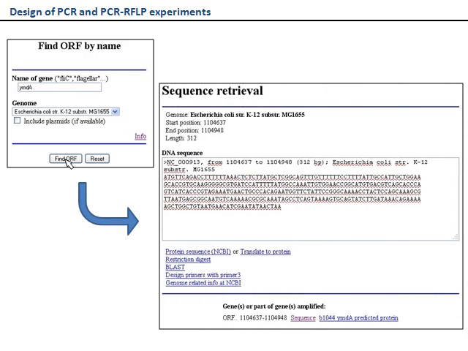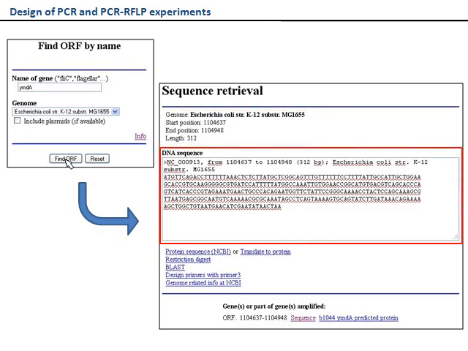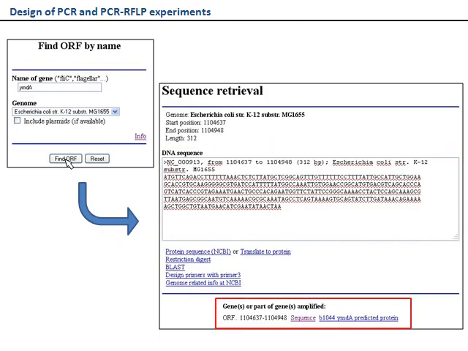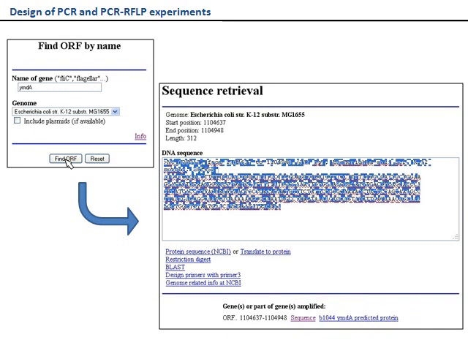When only one match is obtained, as in the example, information about the gene is immediately shown: the start and end position of the gene in the bacterial chromosome as well as its length, the sequence of the gene in FASTA format, and finally the open reading frames, or ORFs, the sequence belongs to.